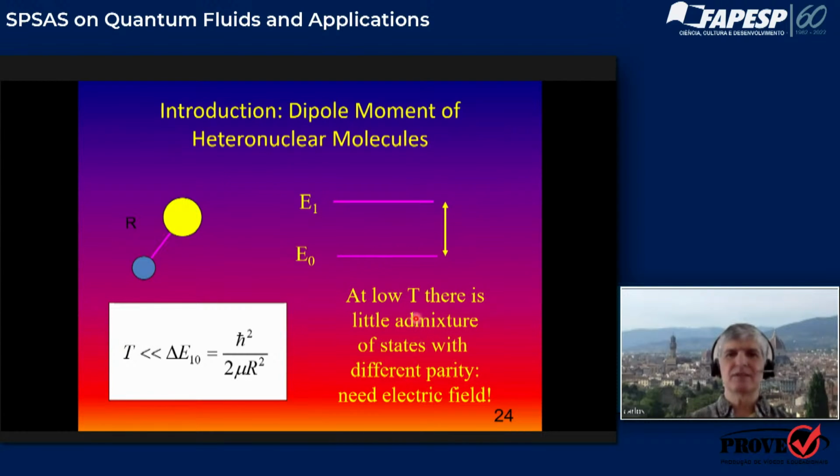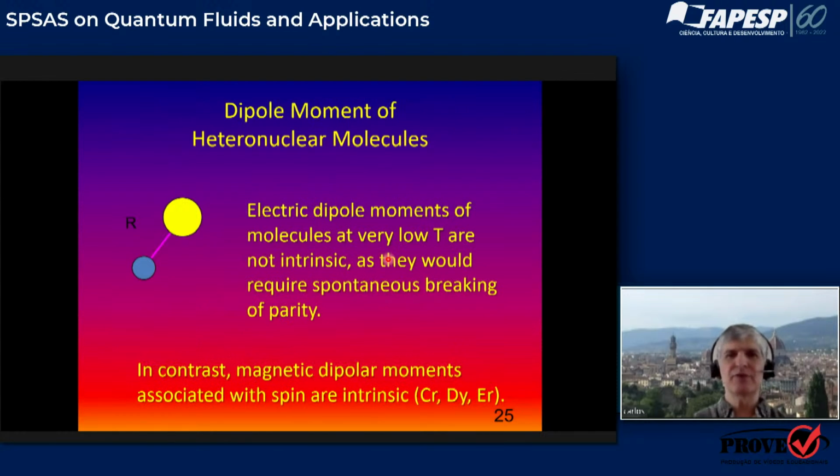Spherical harmonics have well-defined parity. At low temperatures, we do not mix those states too much, so the dipole moments of these molecules are very small. So we need to apply an electric field in order to create a large dipole moment. Unlike the magnetic atoms, dipolar molecules at low temperatures don't have a substantial dipole moment; it is very small.